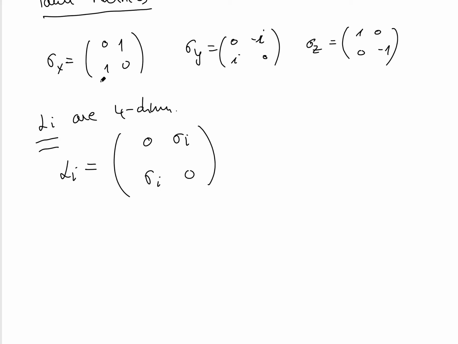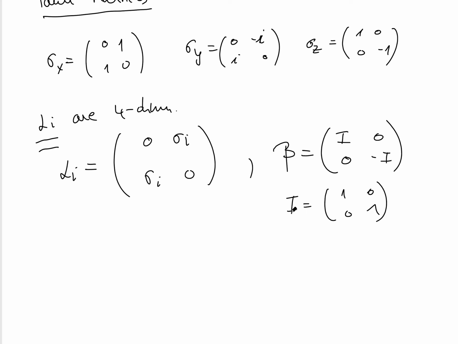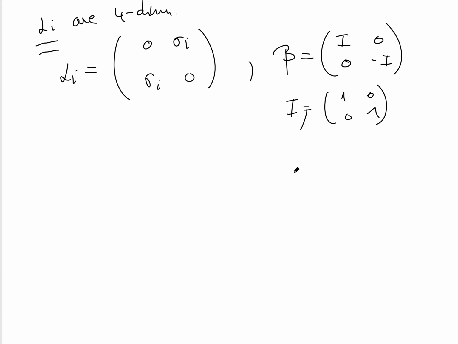When you insert sigma x here, you have the 4x4 matrix. Then also the beta matrix, which has the identity in the upper block and minus the identity in the lower block: 1, 0, 0, minus 1, so the diagonal is 1, 1, minus 1, minus 1.